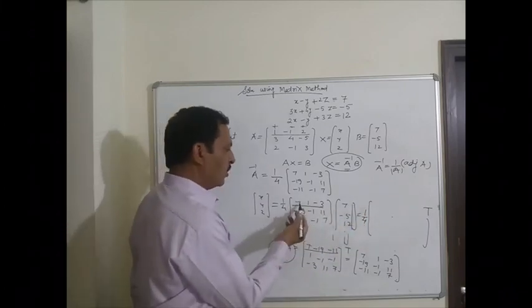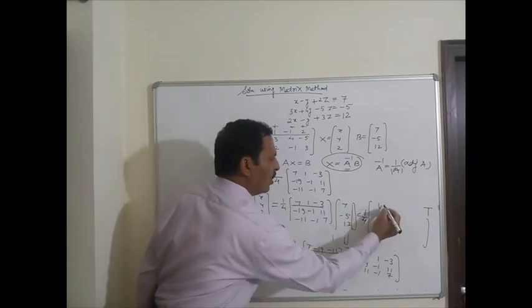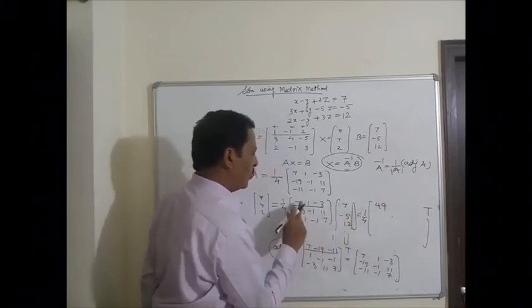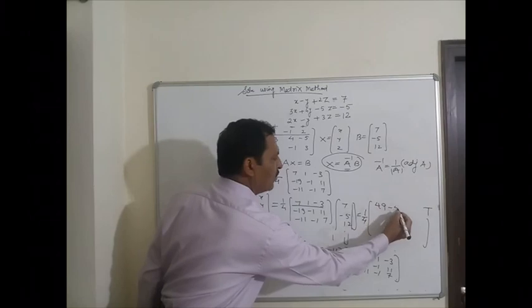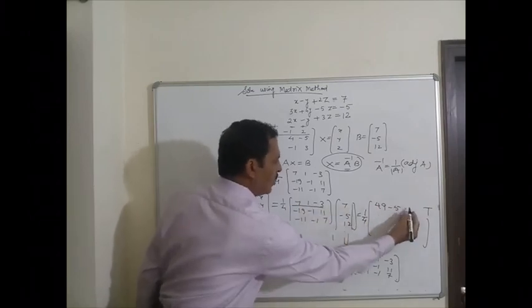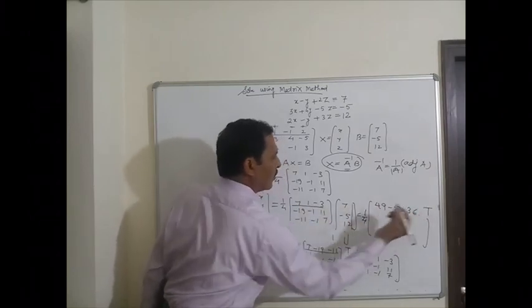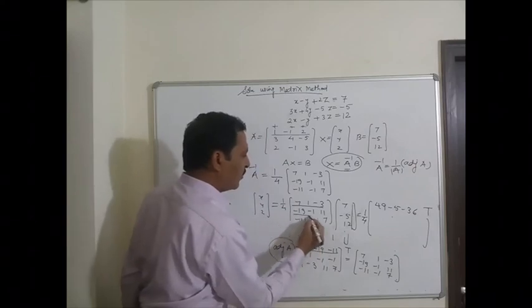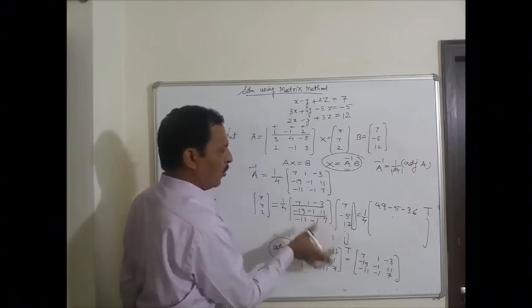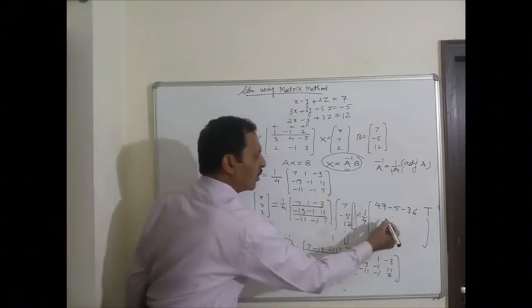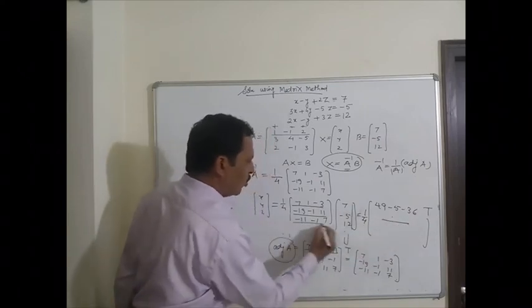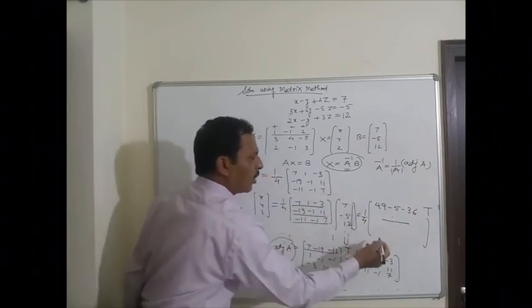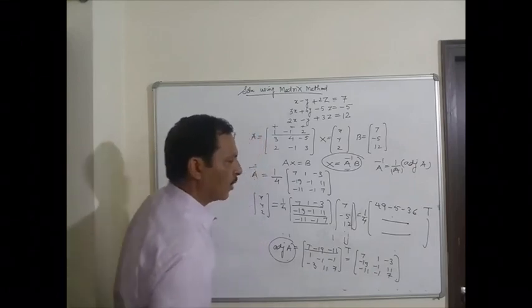So what is it? 7 sevens are 49. 1 into -5 is -5, and then it comes to be 36. Similarly, the second row multiplied by this particular column will come here. The third row multiplied by this column will come here, this way.